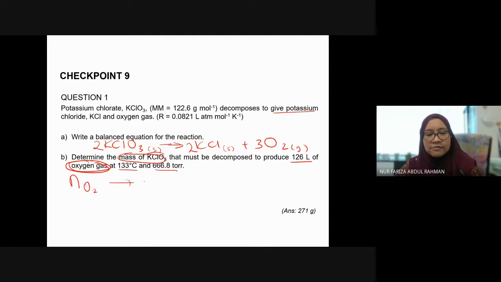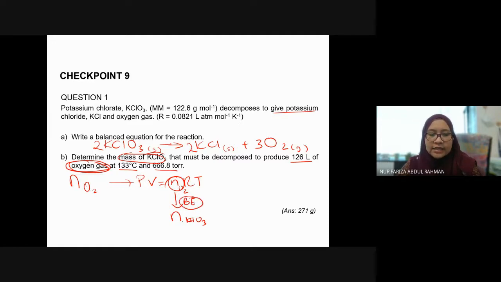So PV and RT can be used in order to calculate the mole. Okay, so we get the mole of O2. And then we can use the balance equation to find the mole of KClO3. This is from the balance equation, guys.